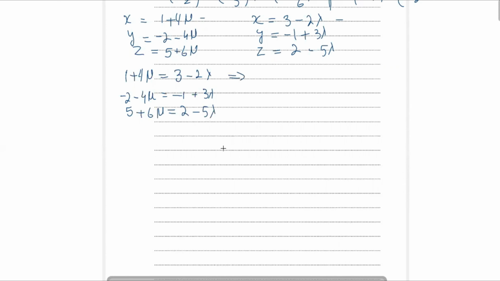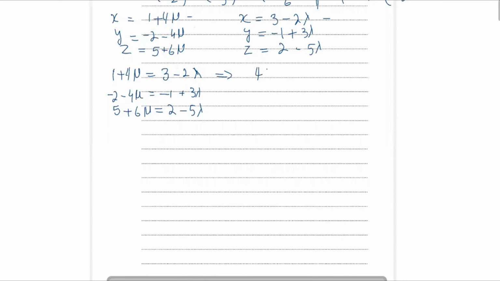Now we can write this equation: 4 mu plus 2 lambda will be equal to 3 minus 1, which is 2. And the next equation you can write as minus 4 mu minus 3 lambda will be equal to minus 1 plus 2, which is 1. Now we simplify these two equations, 1 and 2.